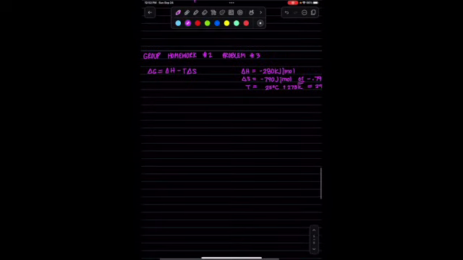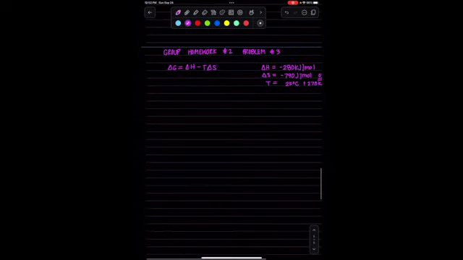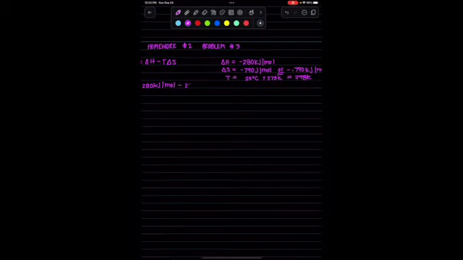So with this, just plug and chug. So we say delta G equals negative 280 kilojoules per mole minus 298 Kelvin times negative 0.790 kilojoules per mole.